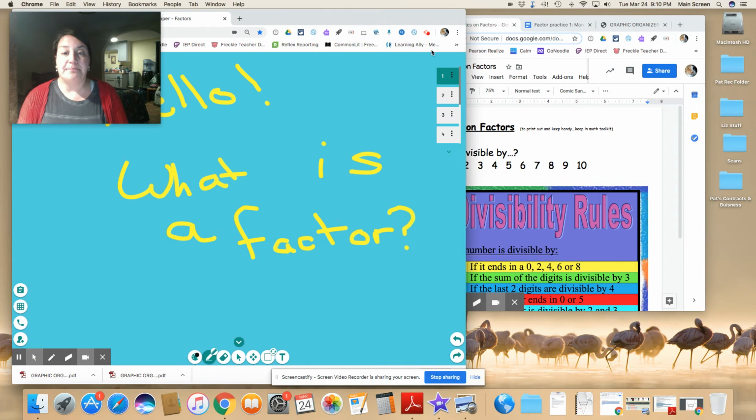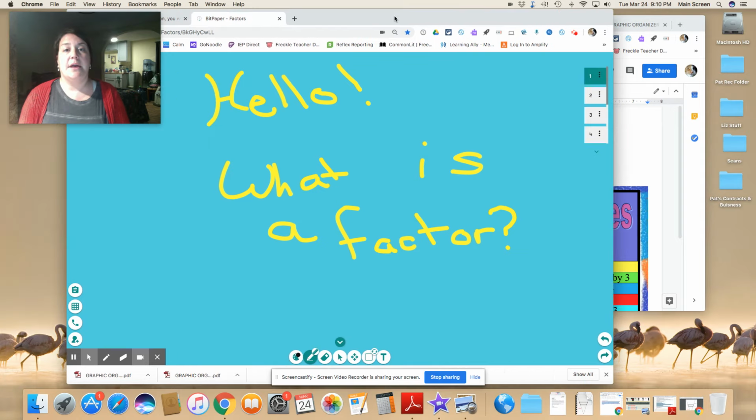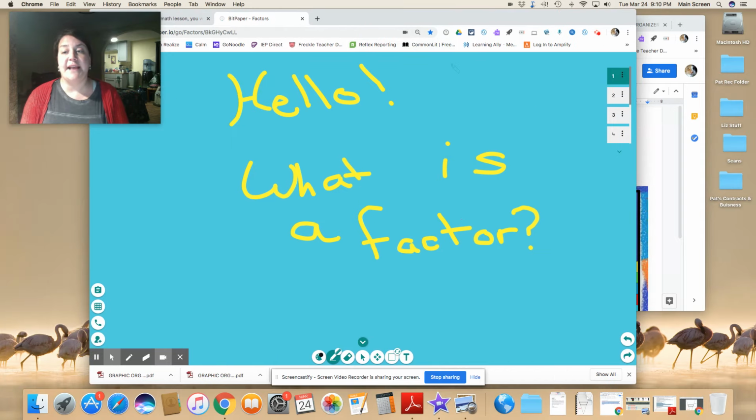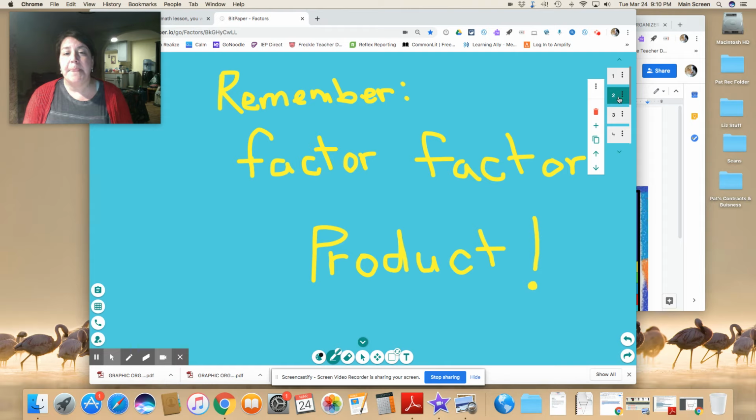All right. So here's our big question today. Our question is, what is a factor? We're also going to focus on multiples today, but let's just zoom in on that word factor for a second. You remember back in early, maybe November or December, we talked about factors and products, and I made you all say the factor, product.